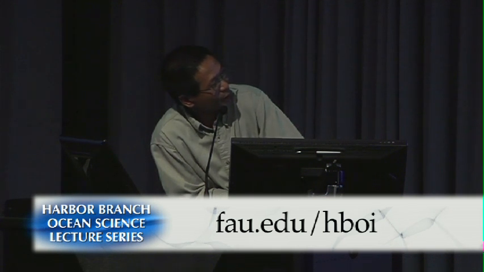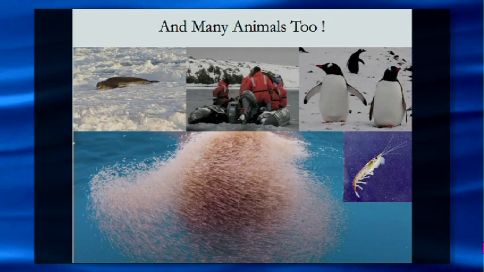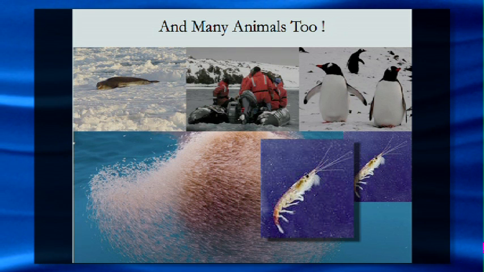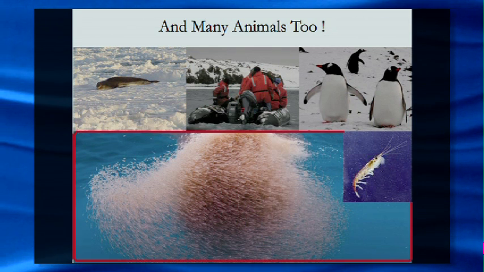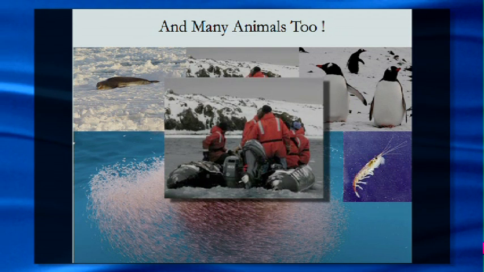On the other hand, if you talk about the Southern Ocean or Antarctica, the first thing that comes to people's minds is not iron or carbon. It's the sea ice, all its animals and penguins, and this is the krill, something like shrimp, but a little bit smaller than shrimp. And of course, you can see the scientists working in Antarctica.